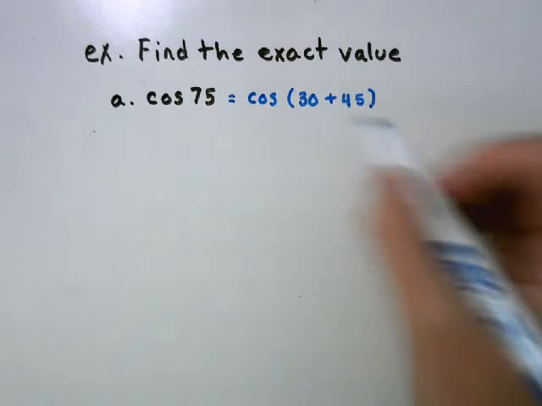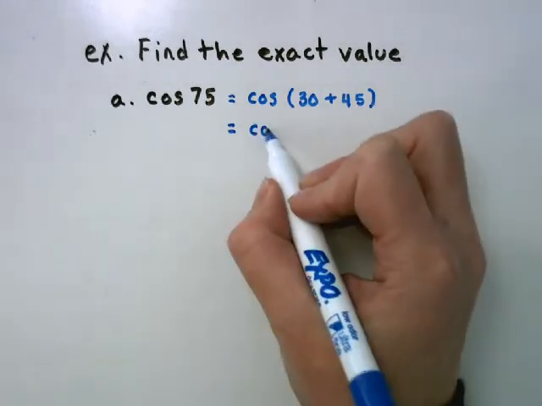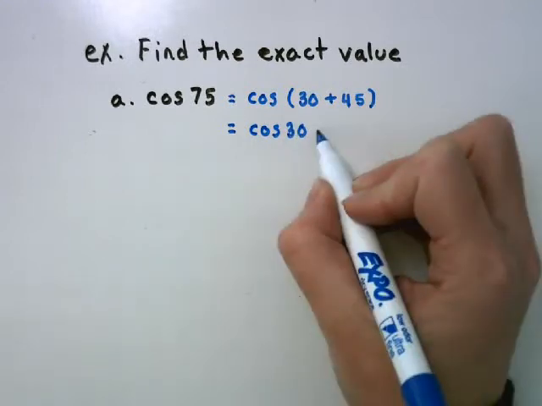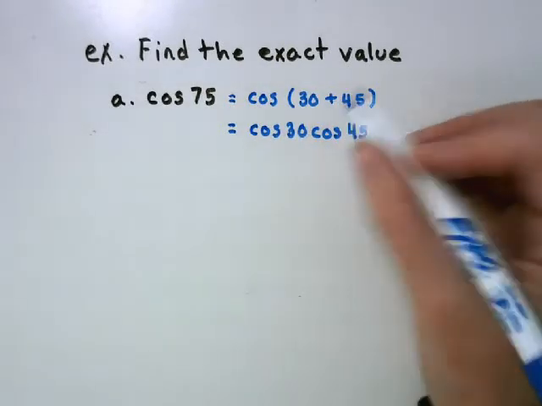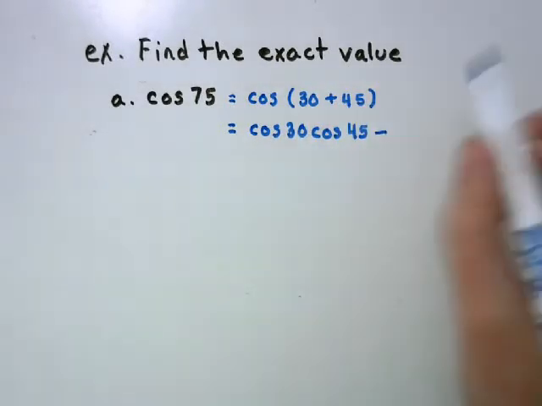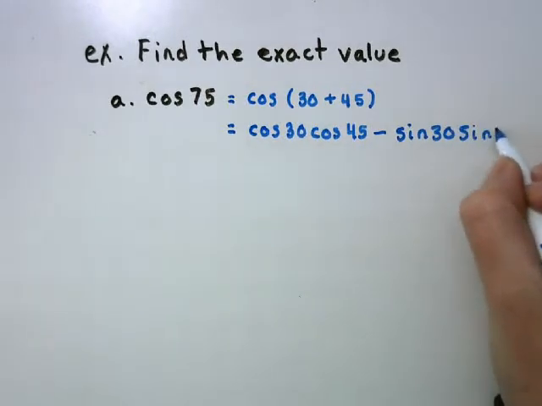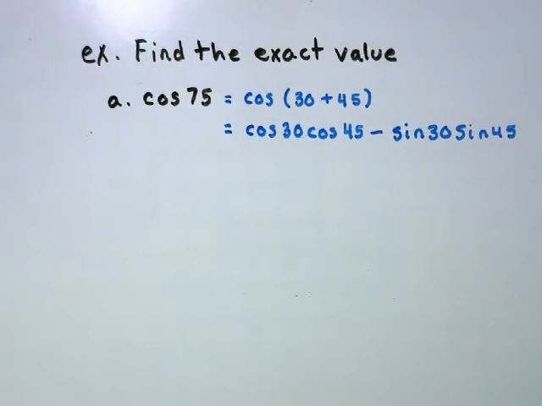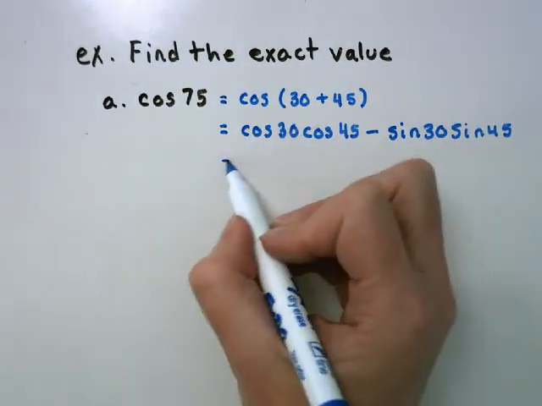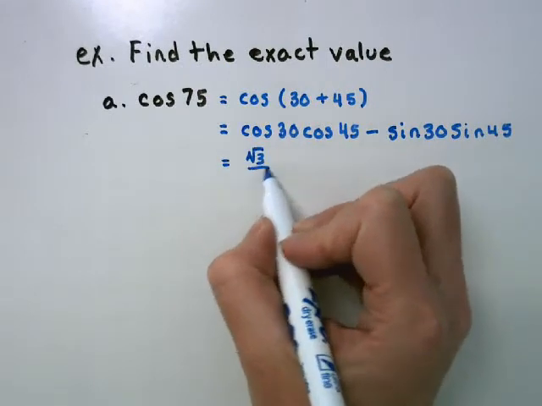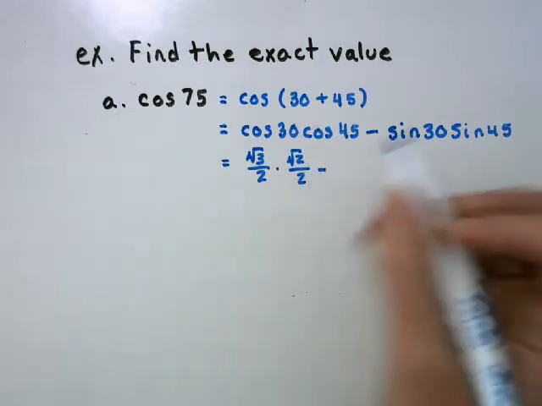Now that I write it like this, I can apply the rule. So we apply the trig identity for cosine. This will be my A, this will be my B. So we're going to have cosine 30, cosine 45. If this is a plus for cosine, this is a minus. Sine 30, sine 45. Then we go to the unit circle and fill in these values. So the x value at 30 is root 3 over 2. Cosine 45 is root 2 over 2.